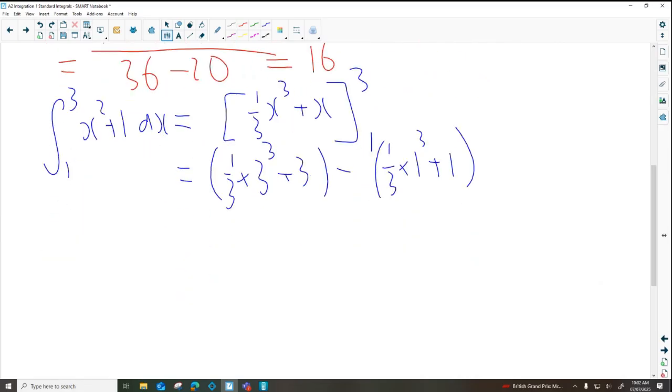Again, you can do these two things on your calculator. The first bracket will give me an answer of 12. The second one will give 4/3. If you subtract them, that gives 32/3.